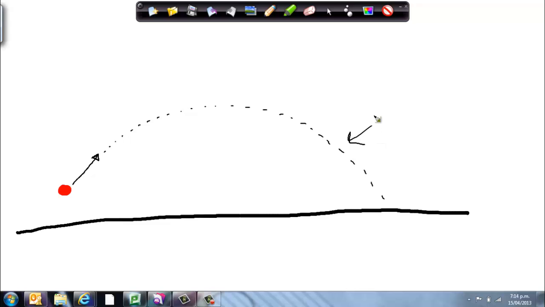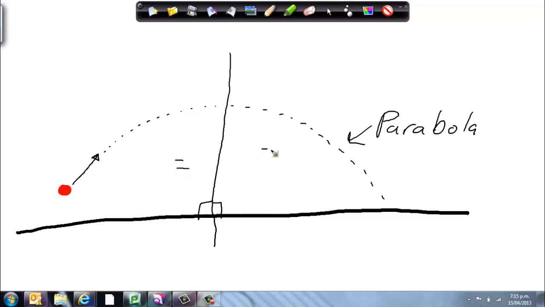Now this is called a parabola. It's a type of curve where if we were to draw a line down the middle, it would be equal on both sides. That's if there is no wind in either direction. It would take a perfect parabola.